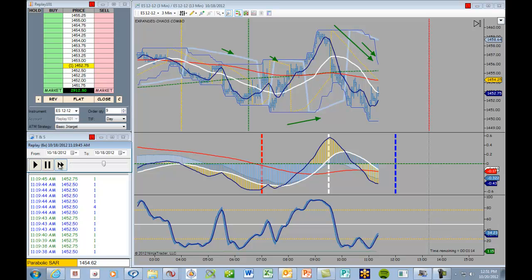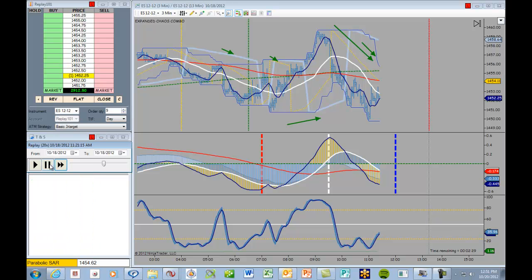And I'm going to slow it down a tad because we might get another opportunity, but we'll miss it if it drops too quickly.